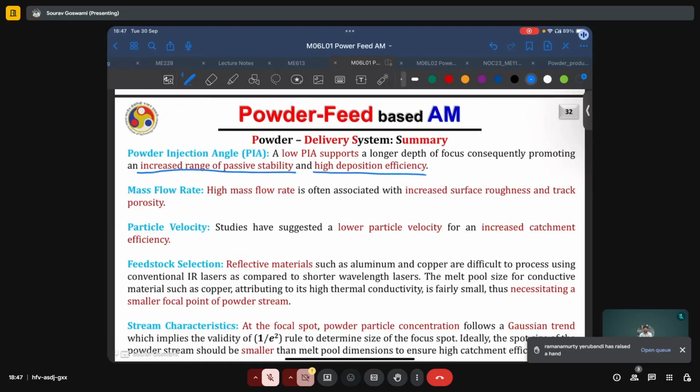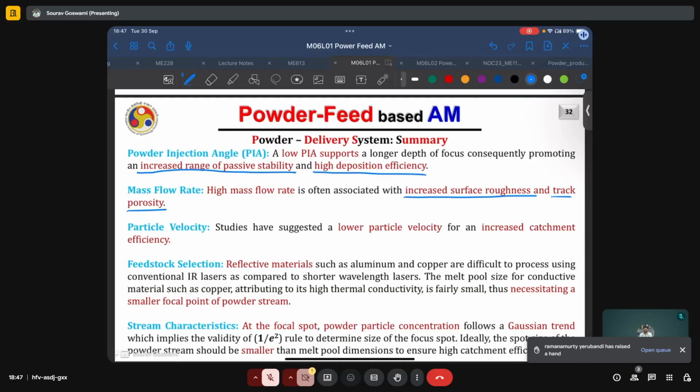High mass flow rate is often associated with increased surface roughness and track porosity. The particle velocity has an inverse relationship with the catchment efficiency, and lower particle velocities have been reported to increase the catchment efficiency.